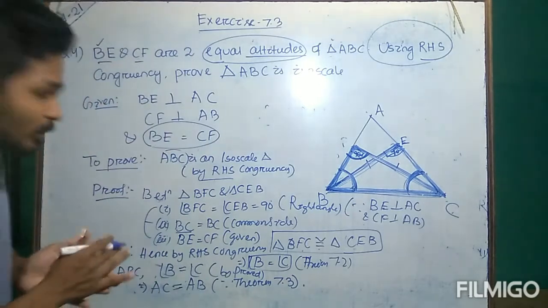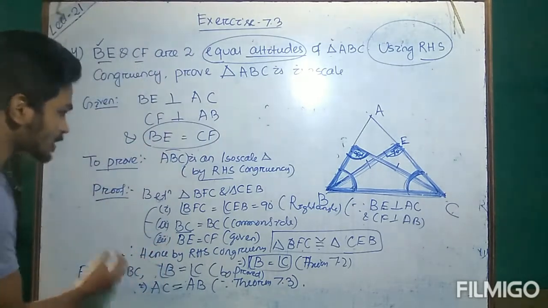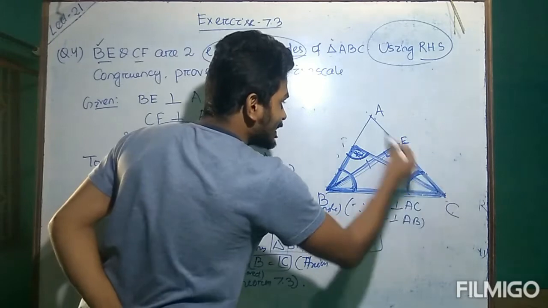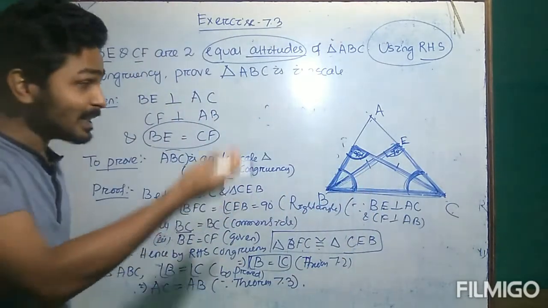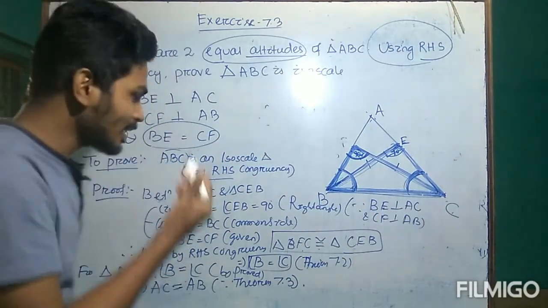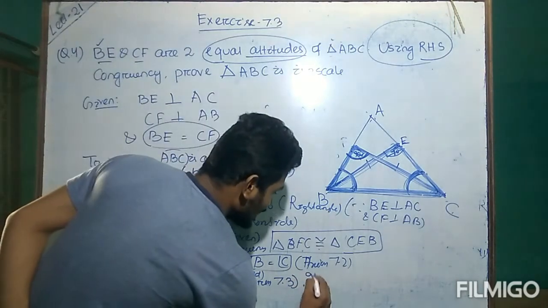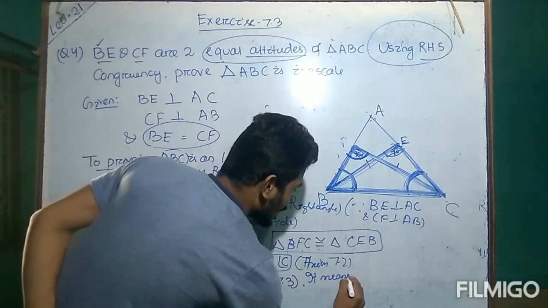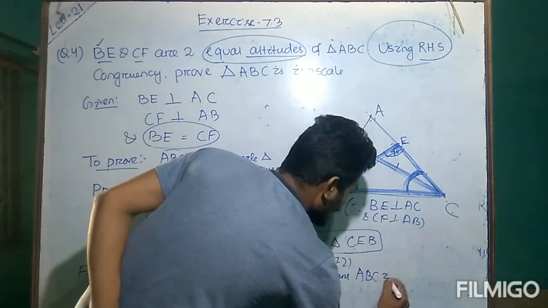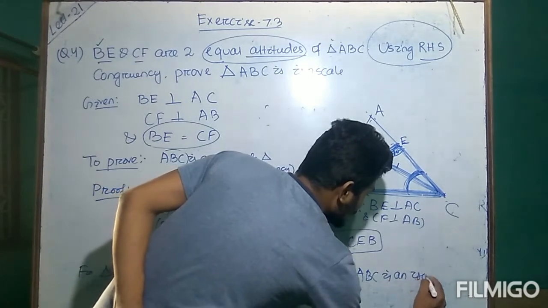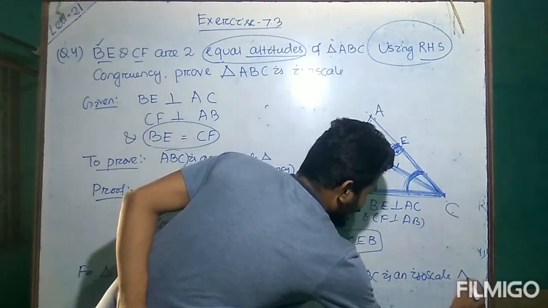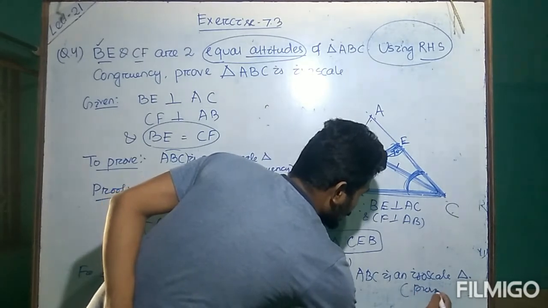So what have we found lastly? For the triangle ABC, this side AC is equal to AB. It means ABC is an isosceles triangle. Clear? And now it is proved.